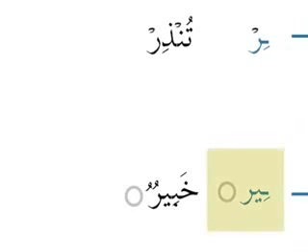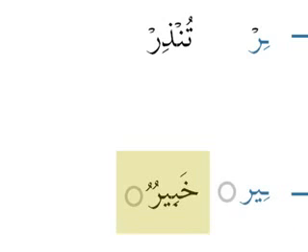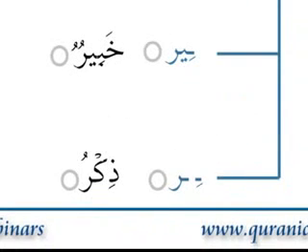If you have the ra behaving as sakin at the end of a sentence or a stop, and it's preceded by the long vowel kasra ya, it will be light. So this is khabir. And the last one here, we've got a ra behaving as sakin because of the end of sentence or a stop.